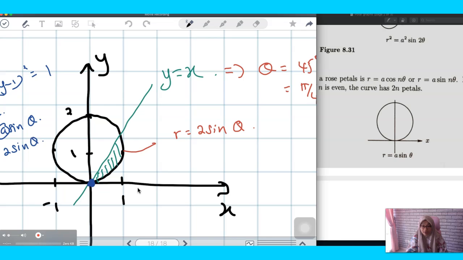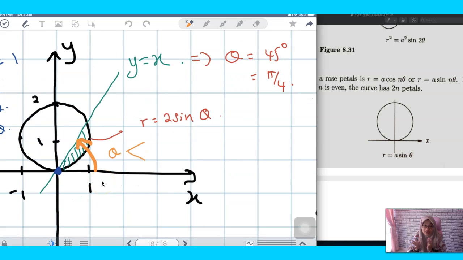So we take that, and then now we see the maximum angle that we can see with the line of y equal to x, which is pi over 4. Use 45 degrees, because it will be in radian.